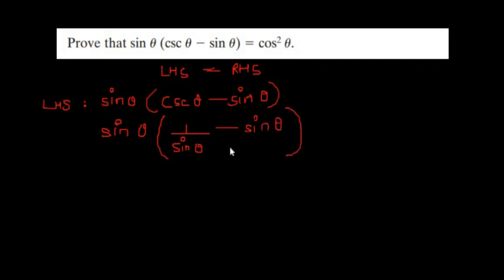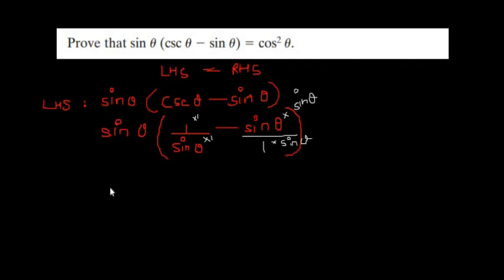Now after doing this, your basic mathematical operations begin. Here I am going to put denominator as 1 and take a common LCM. So here it's going to be 1 times, and here it's going to be sine theta, and here also it's going to be sine theta.